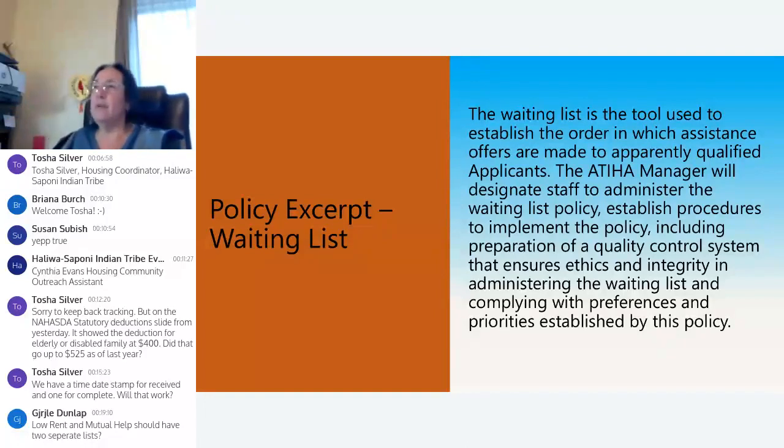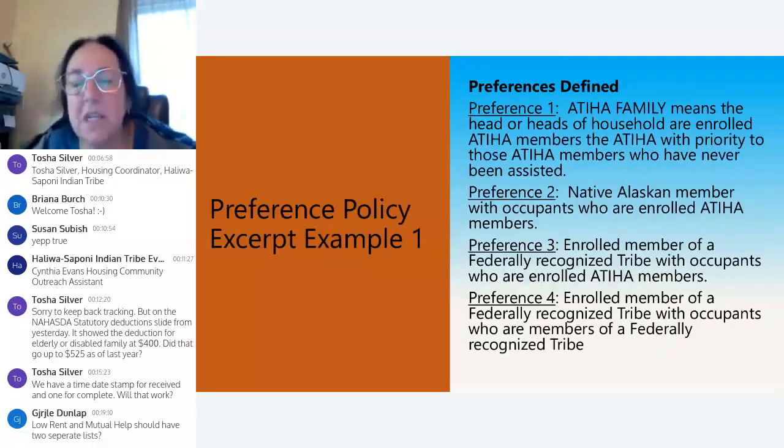So you're thinking, those of you that have never been in any of my classes, but I've got quite a few returning students here, ATIHA is what I write for when I'm writing class material. That's any tribal Indian housing authority. So that's not an actual housing authority. That's any tribal housing authority.